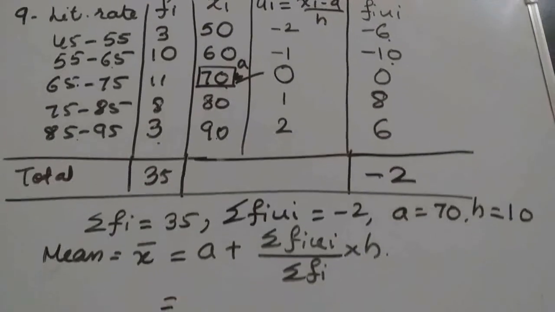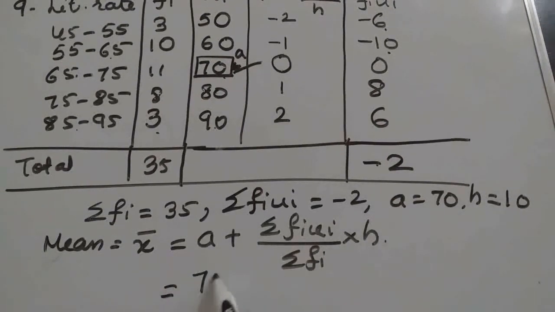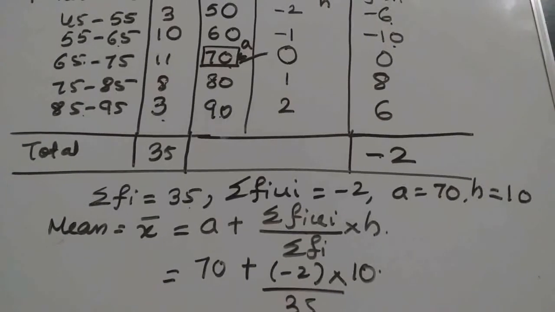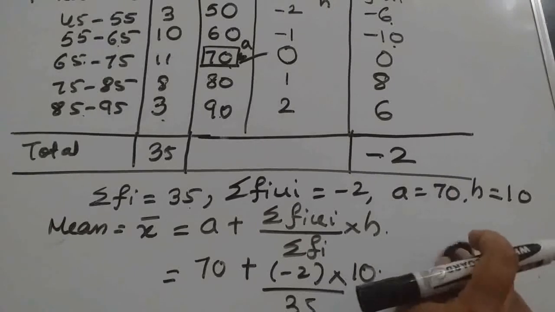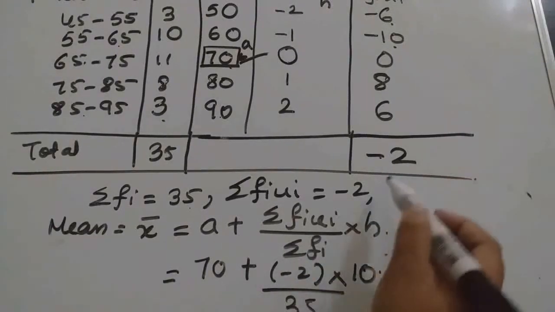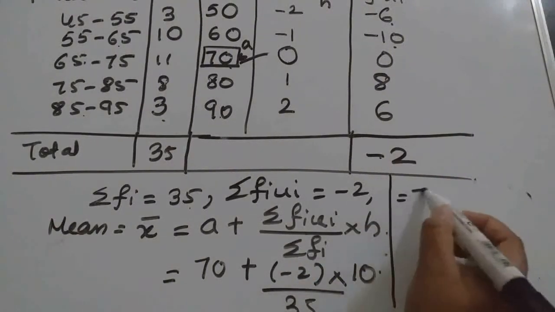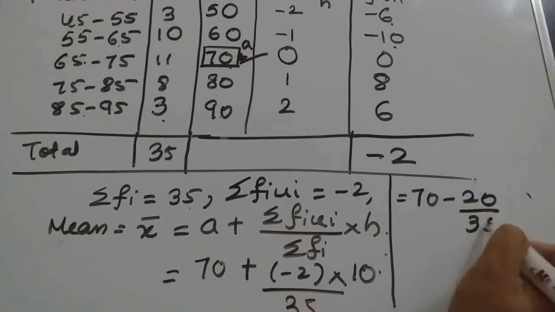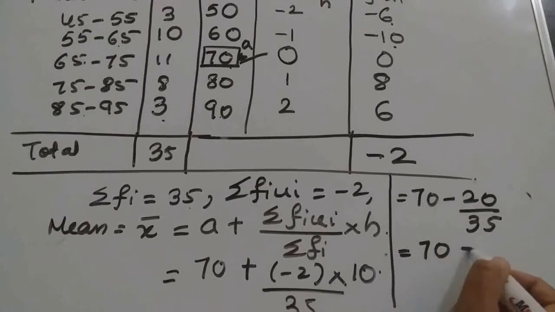So A is 70, sigma Fi Ui is minus 2, sigma Fi is 35, H is 10. So it will give minus 20 by 35.